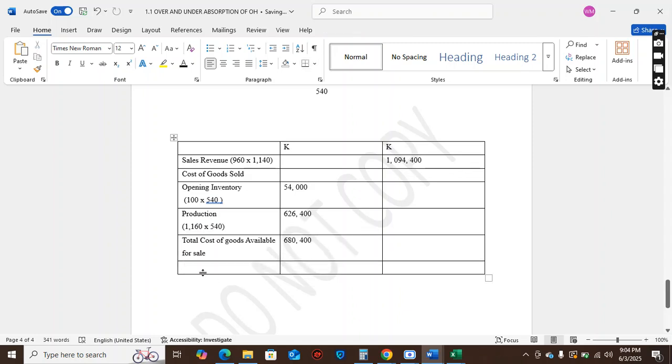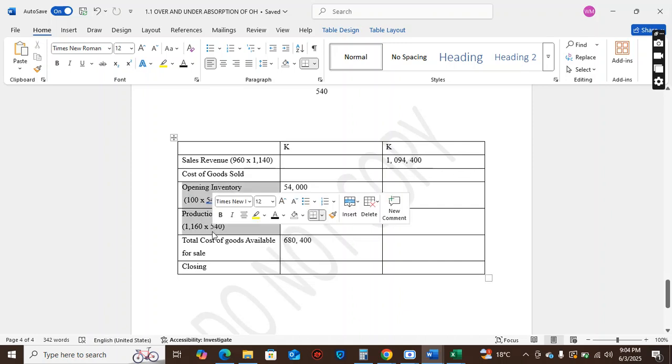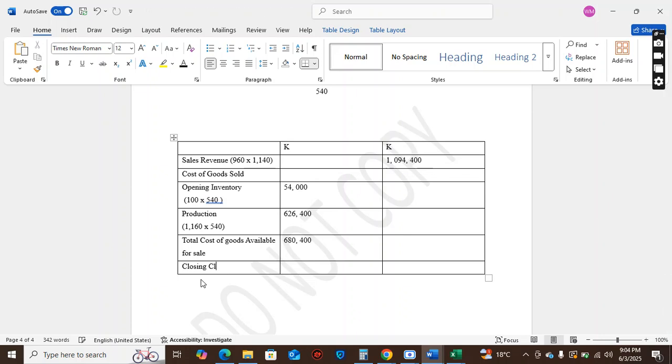Then we want the cost of goods that have been sold. In order to get that, you deduct the closing inventory from the total goods that were around. This 680,400 represents the total value of those 1,260 units that we have. Now we want to find the cost of the units that we sold. So deduct closing inventory.